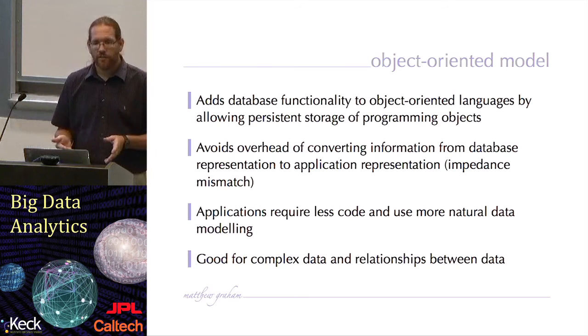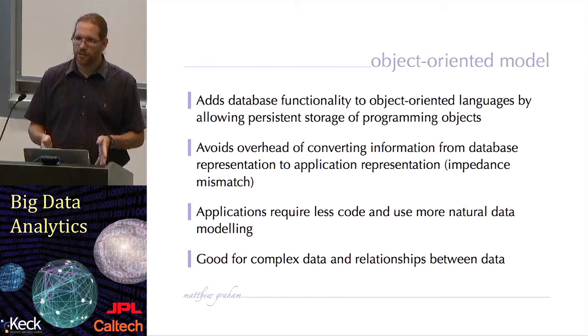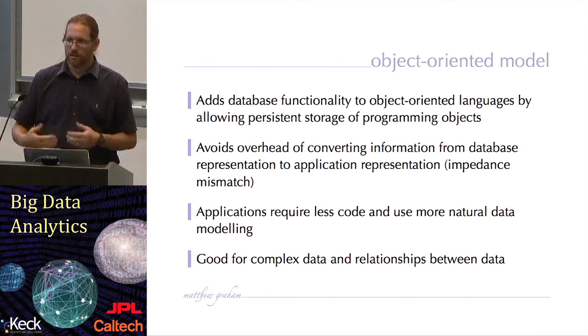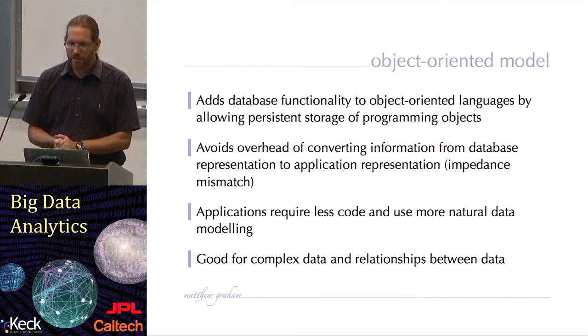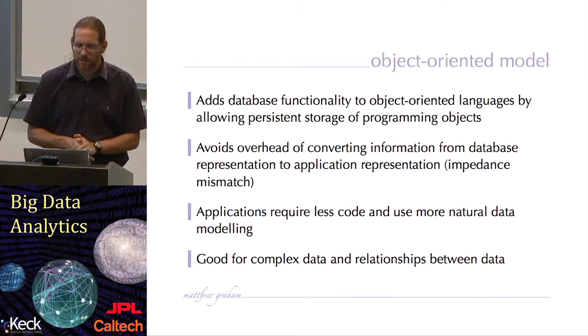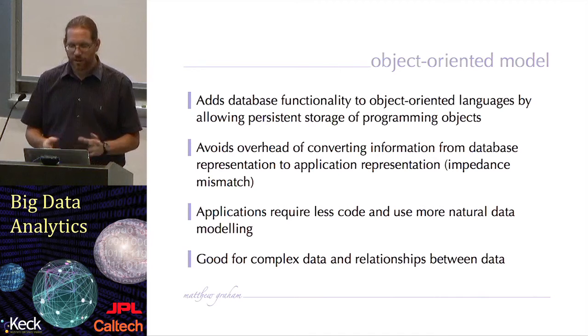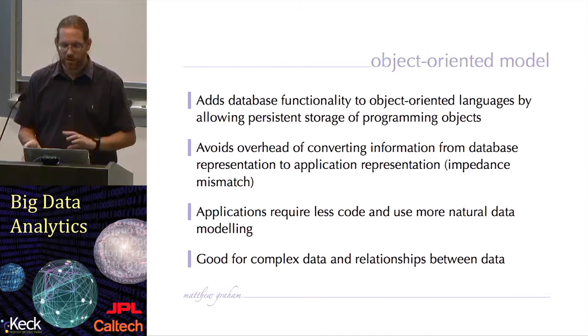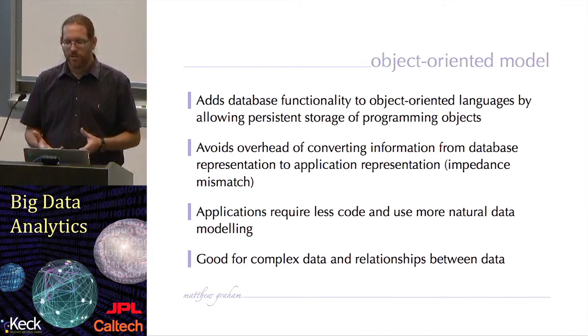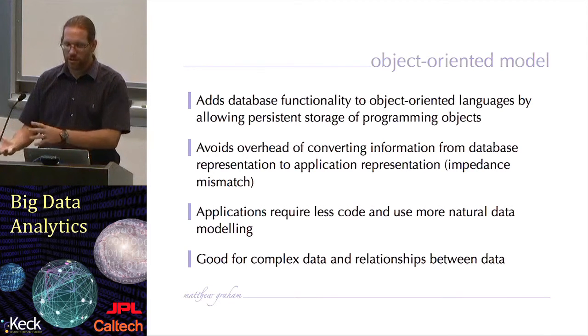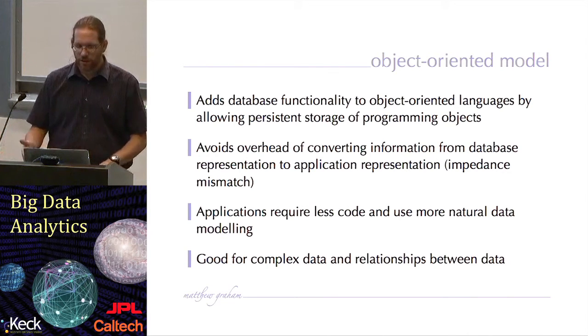One of the advantages of having a specific object-oriented database, which allows the storage of objects, is that it means I do not need to convert information from a database application representation all the time. The object-oriented model allows me to already make use of object-oriented structures for doing this.